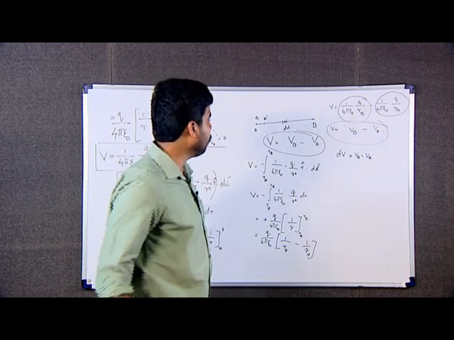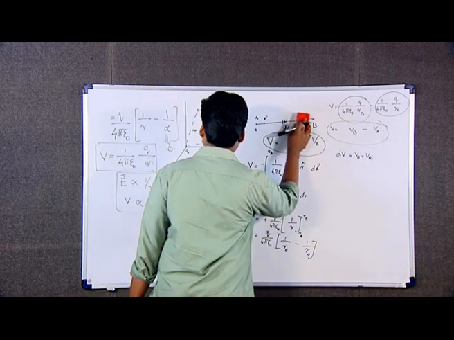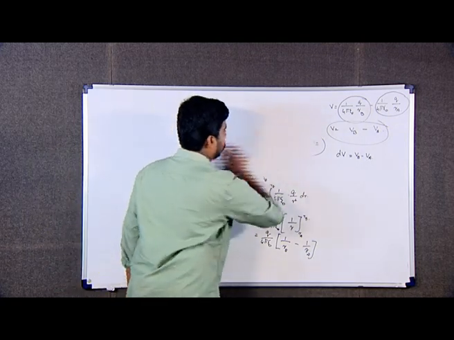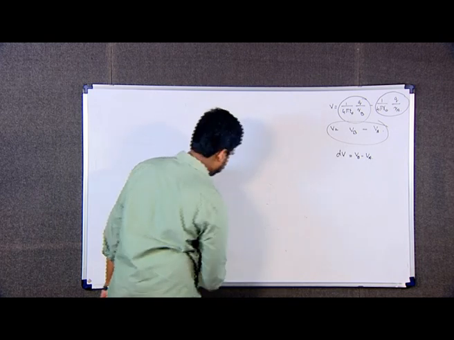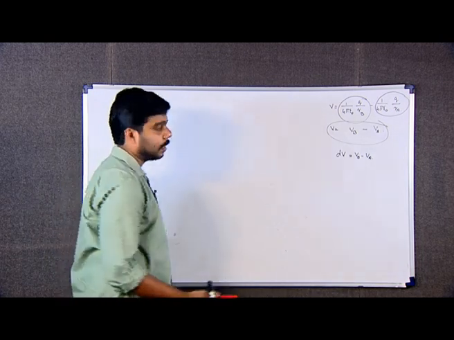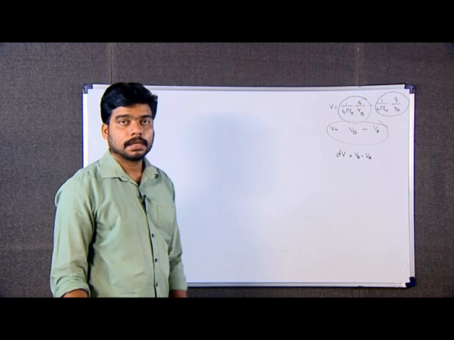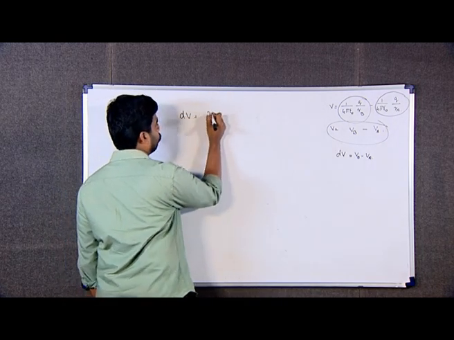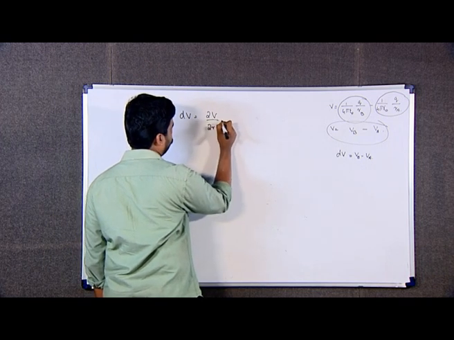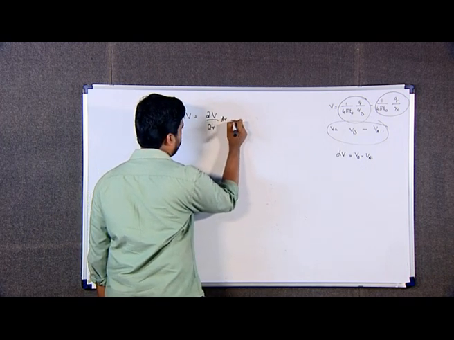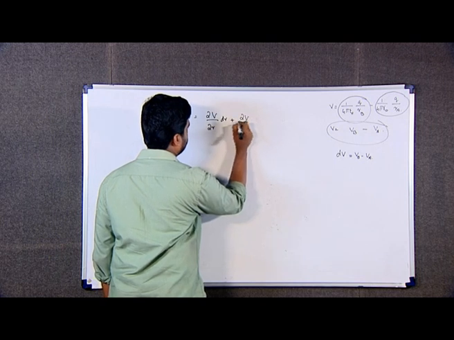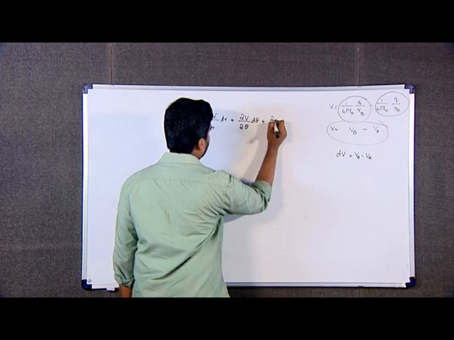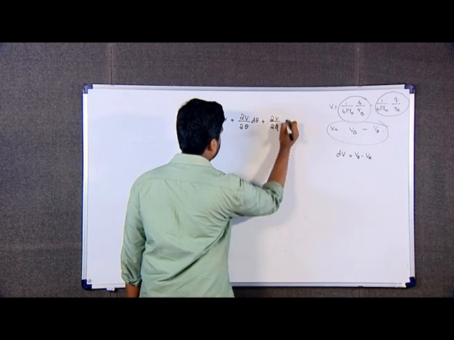Now, this dV can be represented in the spherical coordinate system in terms of partial differentiation. The dV can be written as dV is equal to dou V by dou R into dr plus dou V by dou theta into d theta plus dou V by dou phi into d phi.